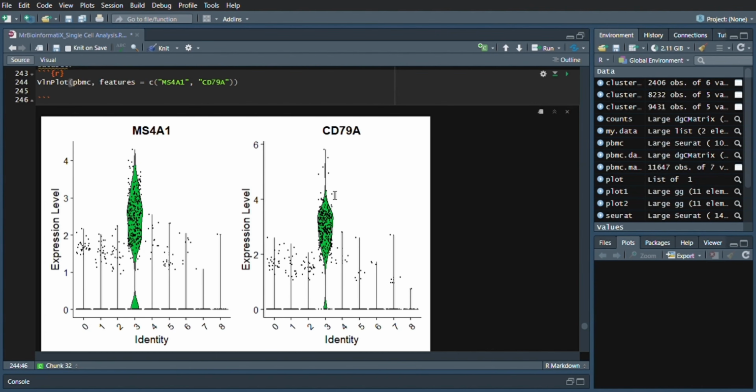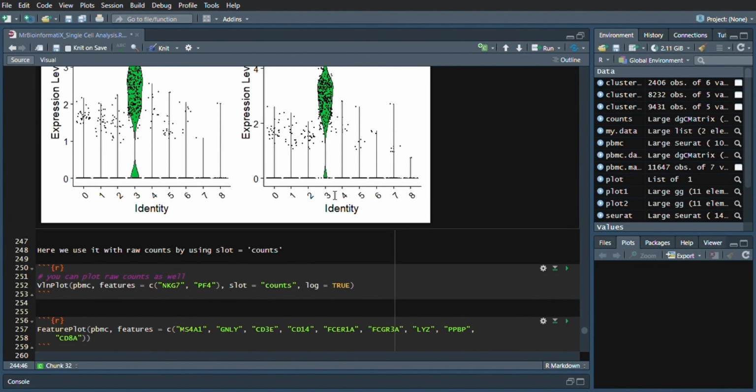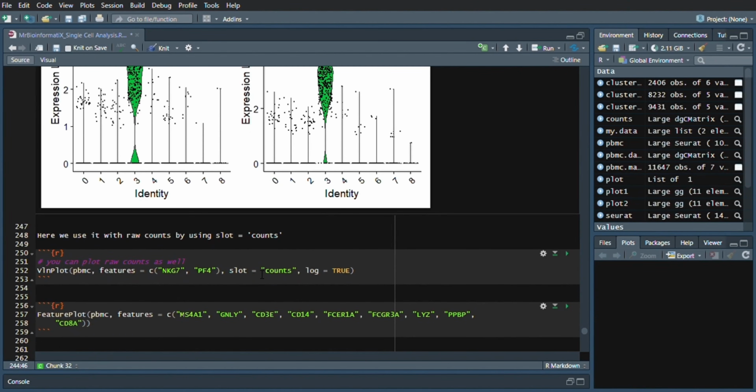Now we are going to visualize the expression of two specific genes, which are NKG7 and PF4, using raw count data from our Seurat object. We will use the VlnPlot function, but we have to put slot equals counts, and then log equals TRUE.